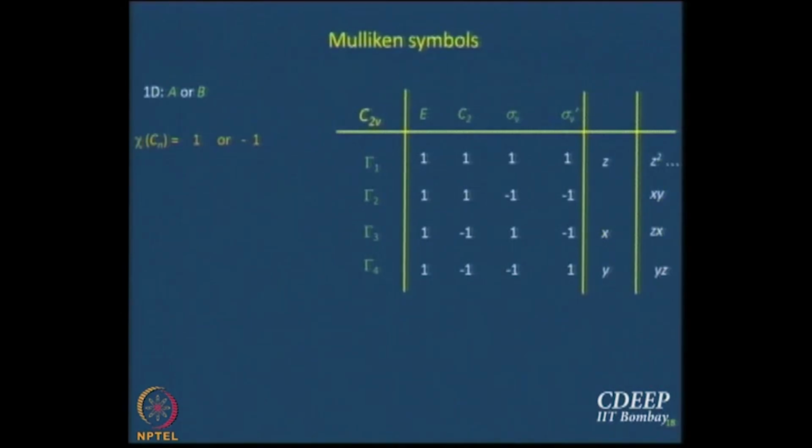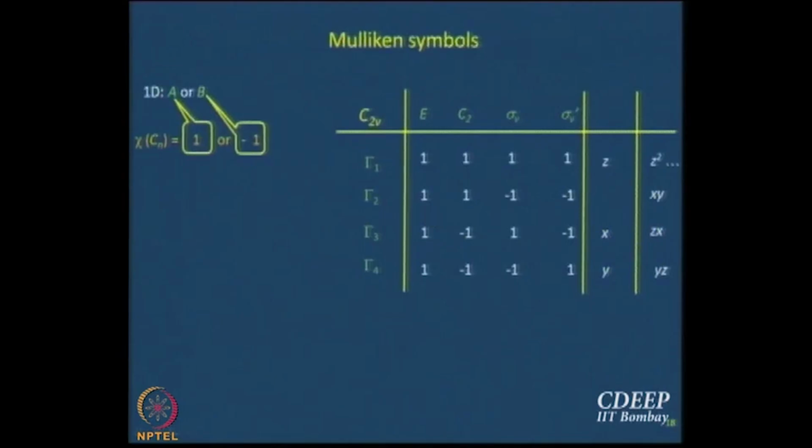That is going to be either +1 or -1. See, here for gamma 1 and gamma 2, the character is +1, gamma 3 and gamma 4 character is -1. So, if it is +1, you call it A, if it is -1, then you call it B. So, these first two IRs are A, and third and fourth are B.